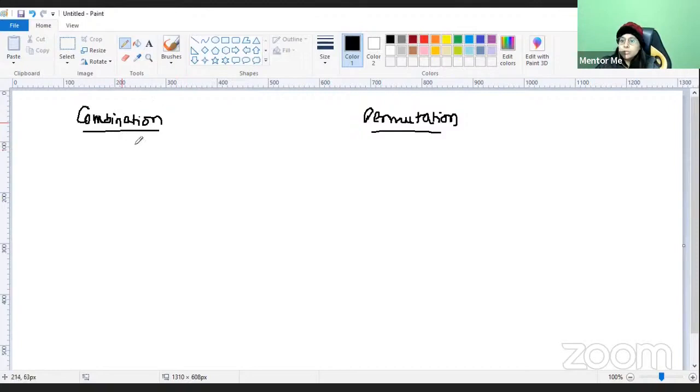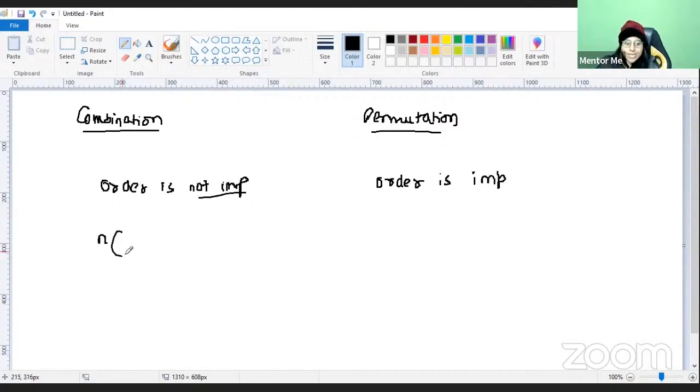So combination is used when order is not important. When there is no particular order that we have to follow, that this thing has to come first, this thing has to come later, we use combination. When the order is important, we use permutation. Now, how does the formula function?